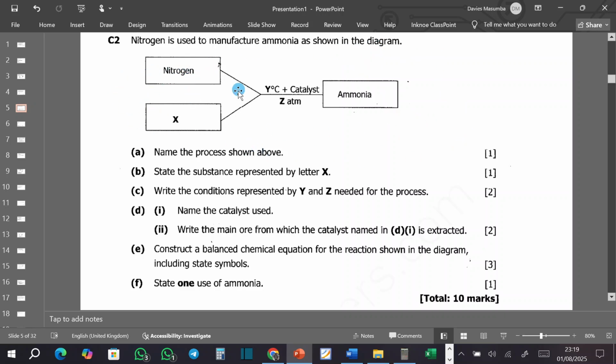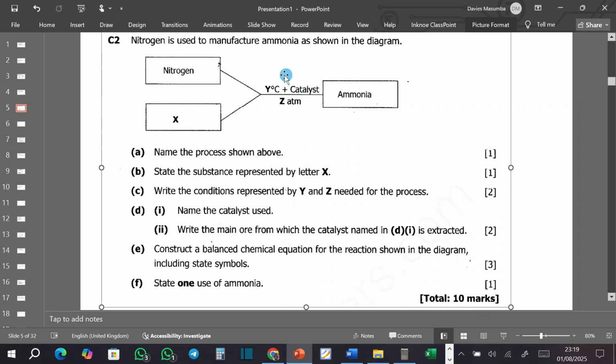When you look at this diagram, nitrogen and substance X are meeting here, meaning they are reacting to form one substance, which is ammonia. There is a condition Y degrees Celsius and a catalyst, and another condition Z atmospheric.